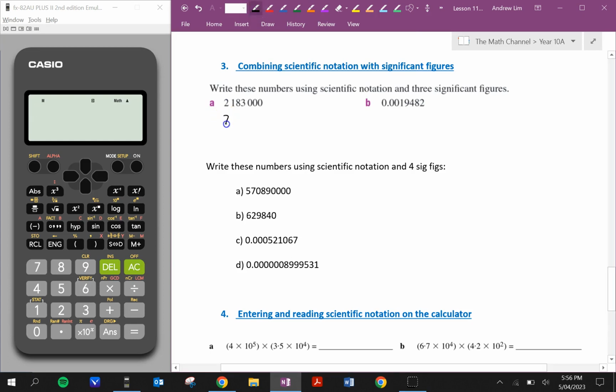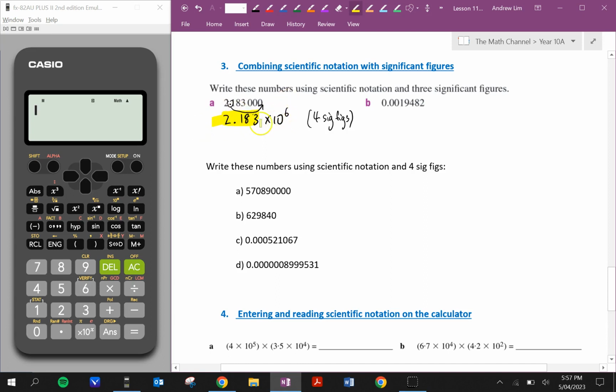This is equal to 2.183 times 10 to the power of 6. Now, this here only has 4 significant figures. This here is 4 sig figs. What are the 4? It's this. When we're talking about scientific notation, we are only talking about this that's considered significant.